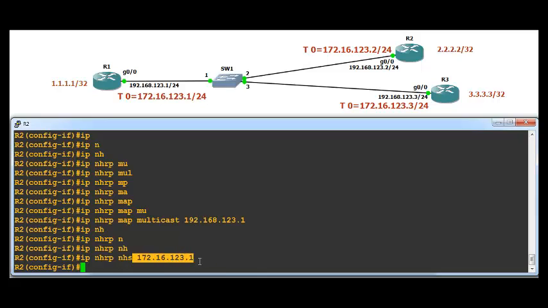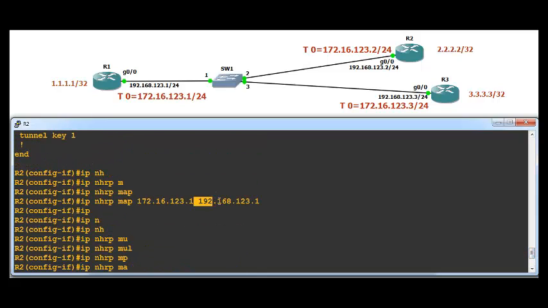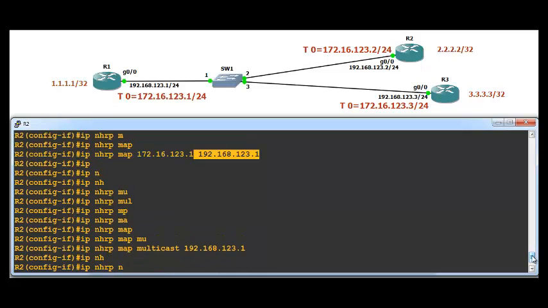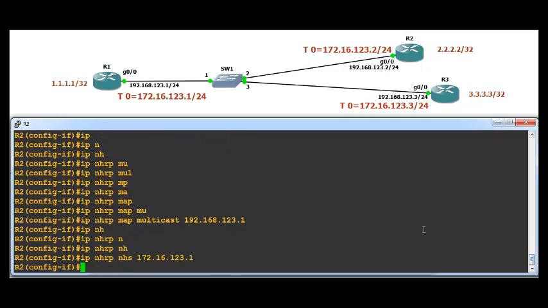You're doing a static tunnel here, right? Between R2 and R1. So, hey tunnel, for you, the next hop is this. How will you reach this next hop? You go here. And then what should I do if I need to form routing protocol dynamic discovery? I need to send all the multicast traffic to this one. So it makes sense. 3 simple commands.